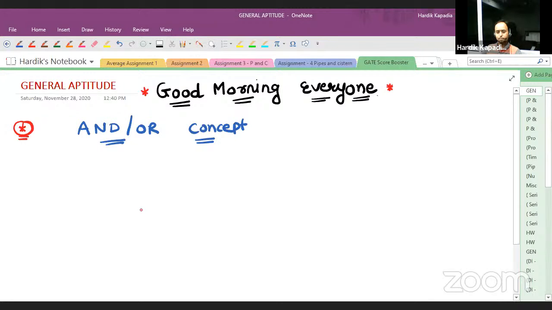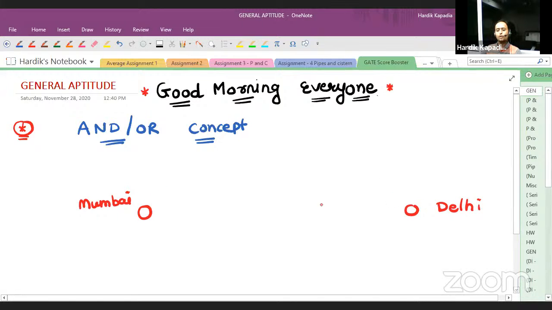Say this is Mumbai, this is Delhi. You want to go to Delhi from Mumbai, and there is Gujarat over here. There is MP over here.